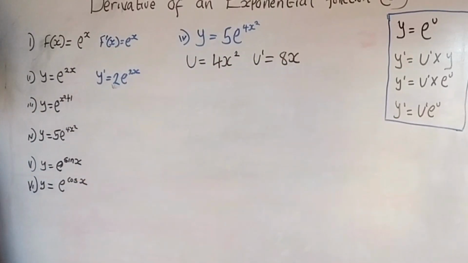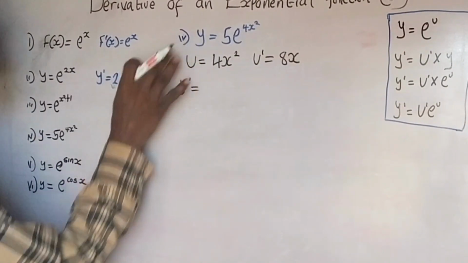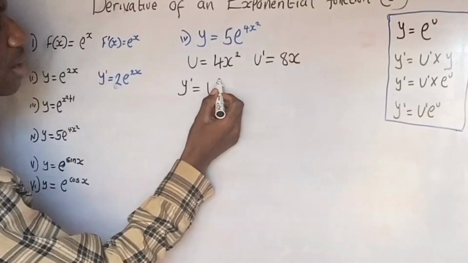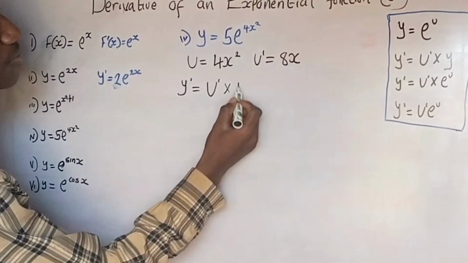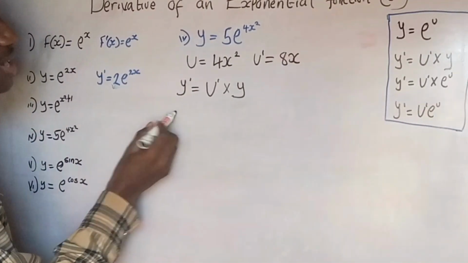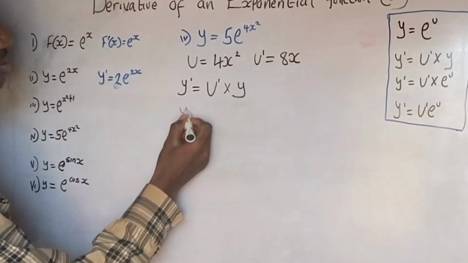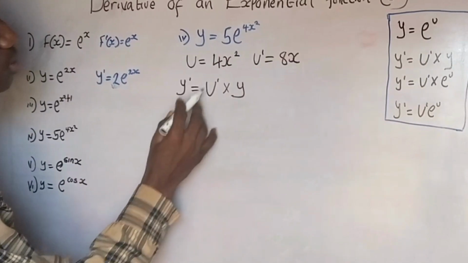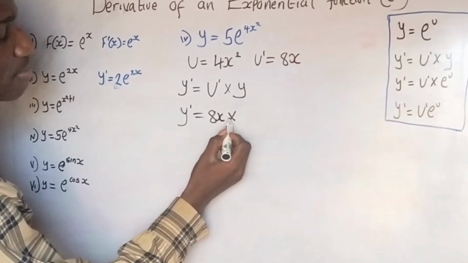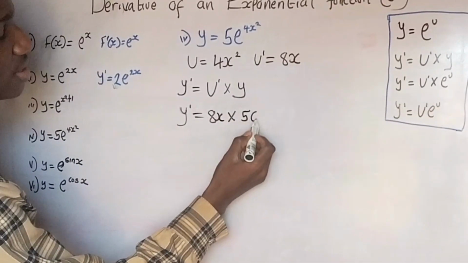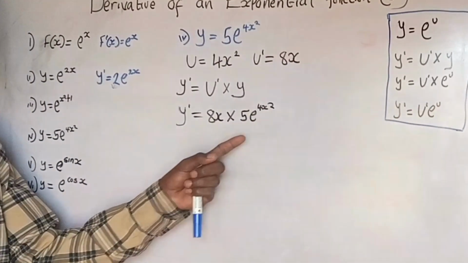Then after getting the derivative of u, don't forget that the derivative of y is given by the derivative of the power to which the exponential function is raised, u, multiplied by the function itself, which is y. In that case, don't forget that our y is equal to 5e raised to the power of 4x squared. In that case, I'm going to have the derivative of y is equal to the derivative of u, 8x, multiplied by y, which is 5e raised to the power of 4x squared. 8x multiplied by 5, that is 40x.